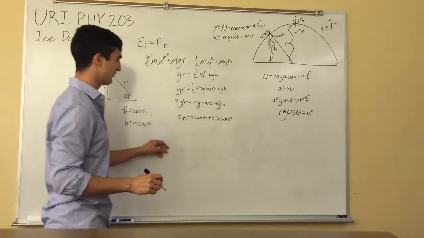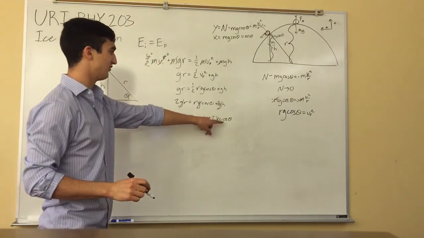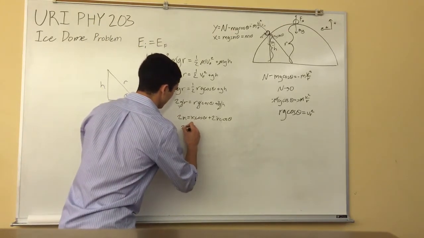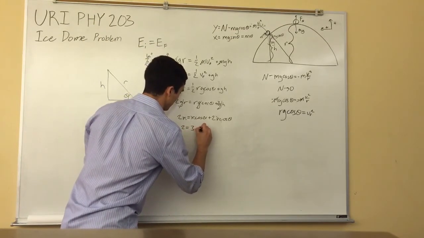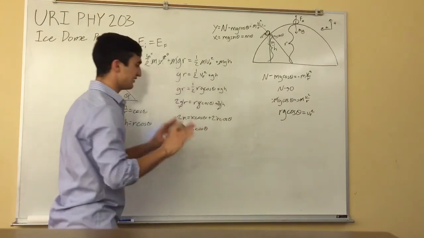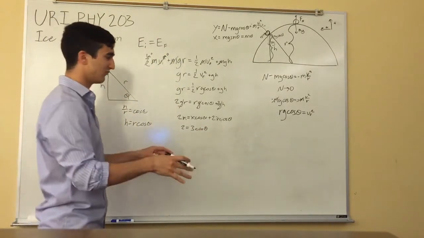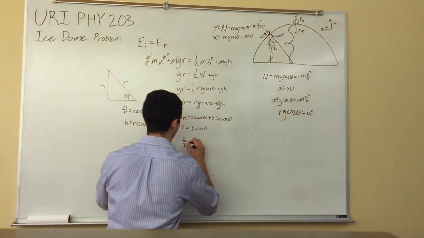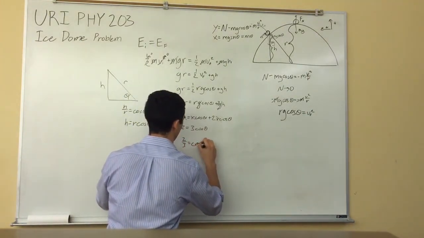They can go away. So now we have 2 is equal to cosine theta plus 2 cosine theta, so we have 2 is equal to 3 cosine theta. This is the same angle, same cosine, so you can equate these. And then 2 over 3 is equal to cosine theta.